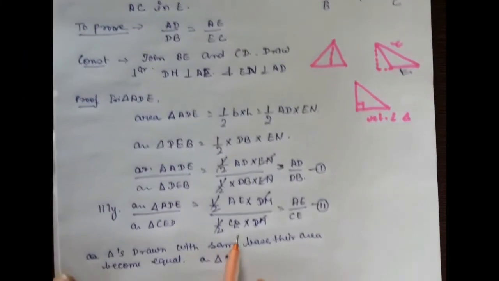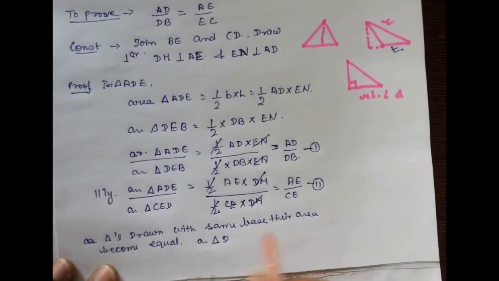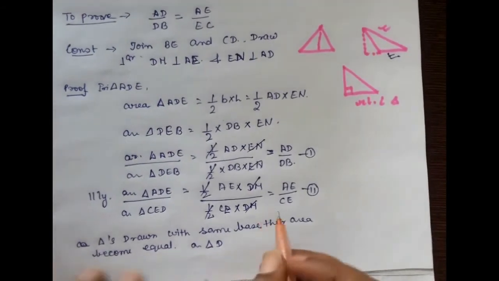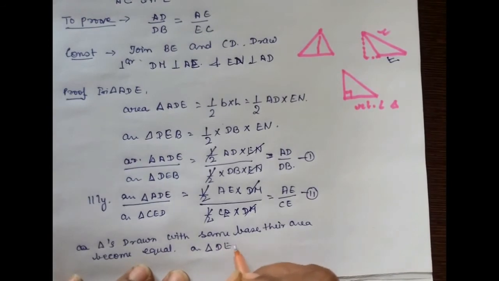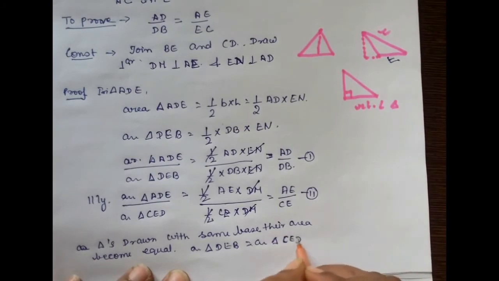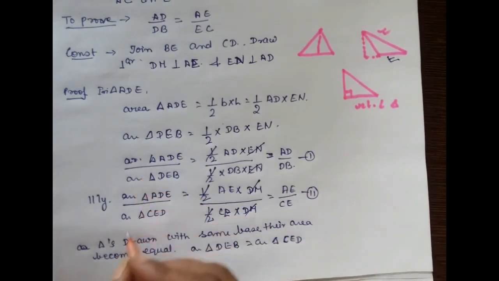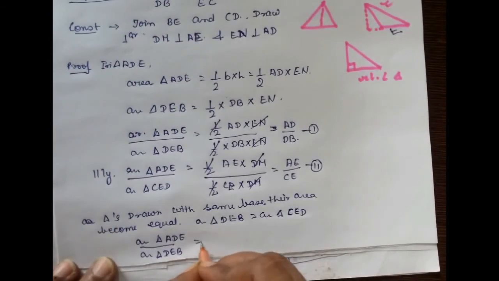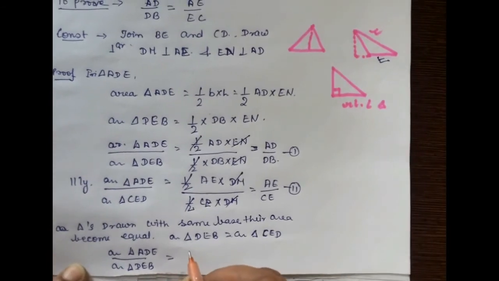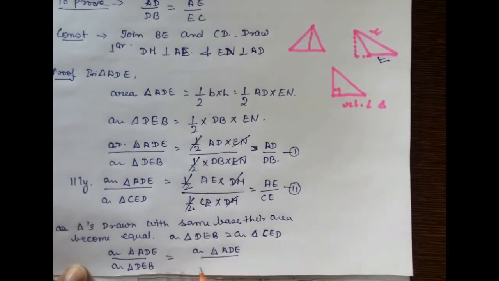Next, triangles drawn on the same base and between the same parallels have equal areas. That means the area of DEB is equal to the area of triangle CED. Understand? That means area of triangle ADE divided by area of triangle DEB is equal to area of triangle ADE divided by area of triangle CED.